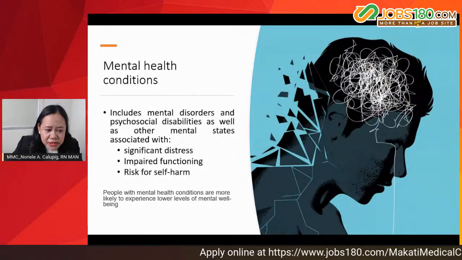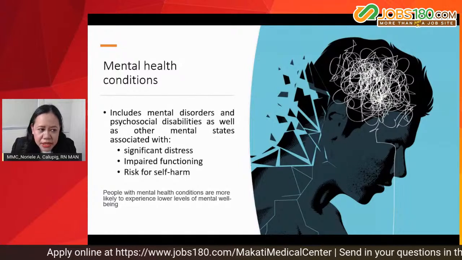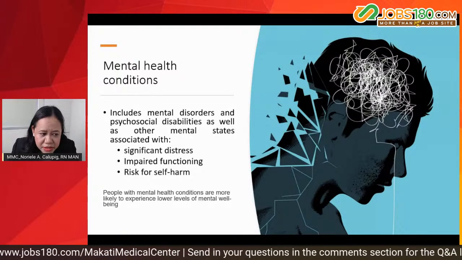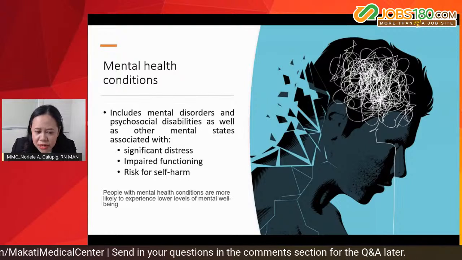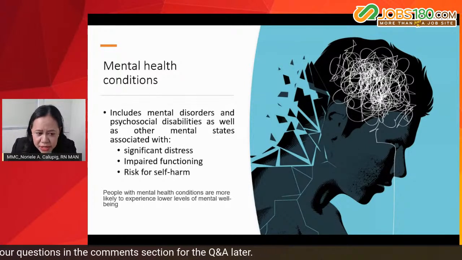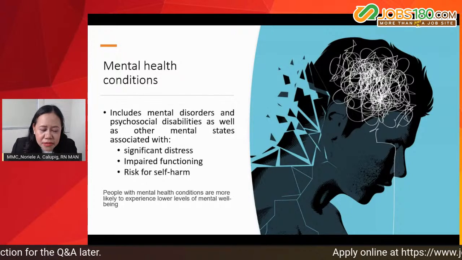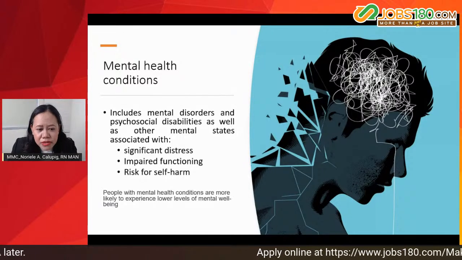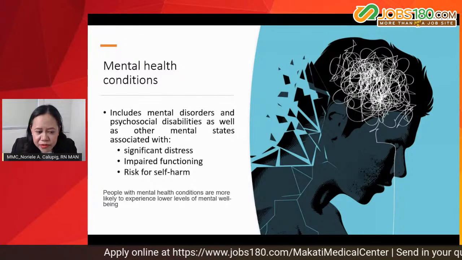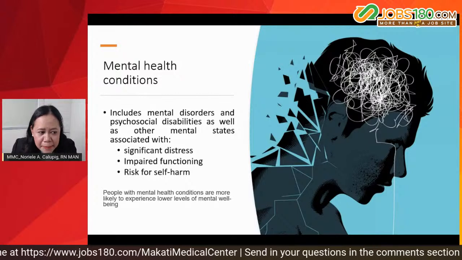And then mental health conditions, ito yung maiintindihan natin kung ang mga persons na nakaka-encounter ng mental health conditions ay may mga inequality or merong mga regulations na hindi normal sa utak natin. So number one, ang nagiging means na mga ganitong conditions or imbalances sa brain natin is because of some of the distress na nangyayari or stress na nangyayari sa buhay.